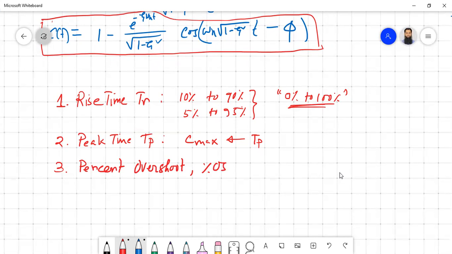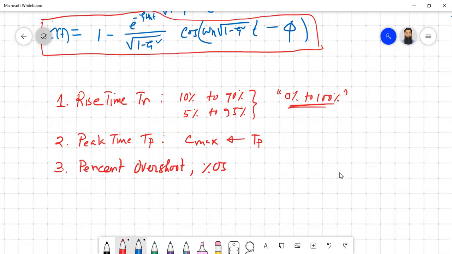So it is the amount that the waveform overshoots the steady state value or final value. Okay, so that means at TP, whatever level it is attaining, Cmax, how much is that level, and how much we are actually expressing it in terms of the final value or steady state value. So as a comparison. Don't worry, we'll be writing the formula to clearly get the idea of how we are going to write it.